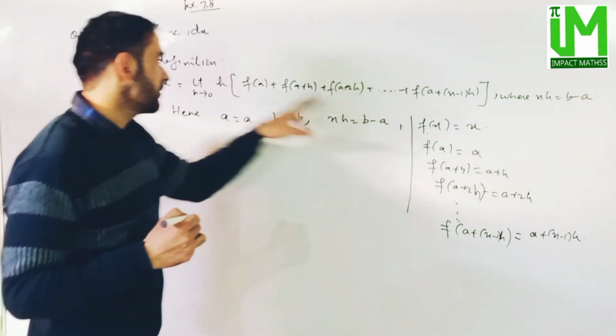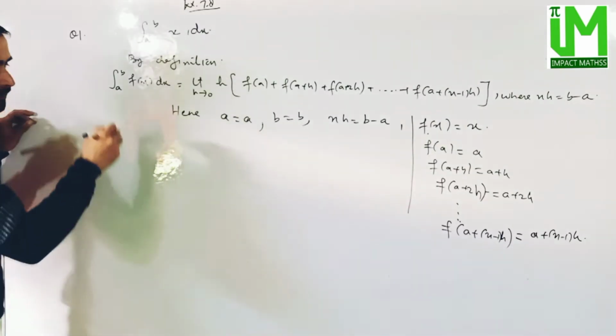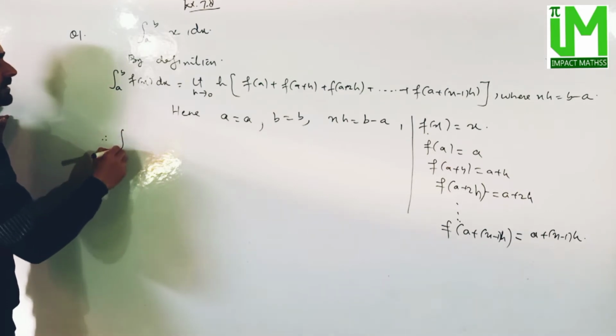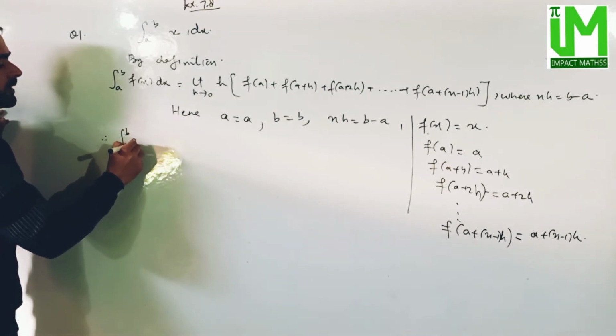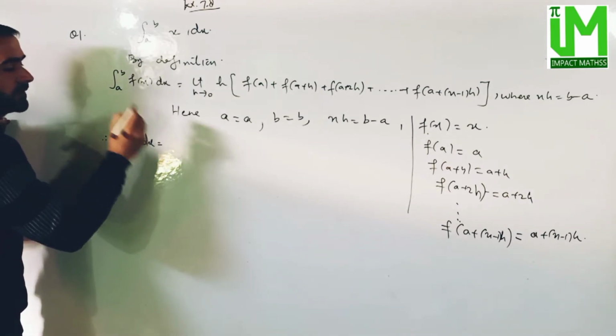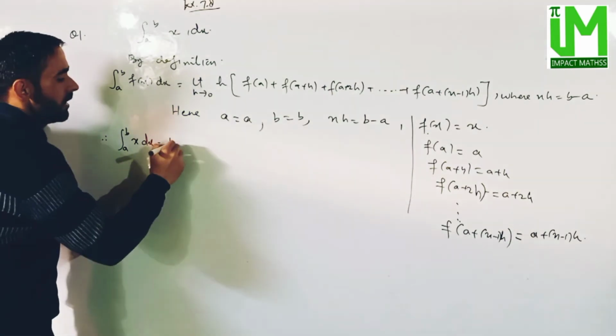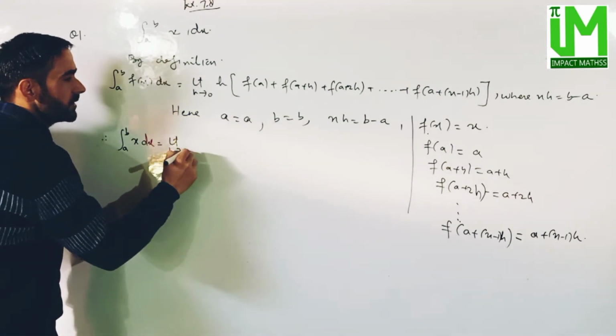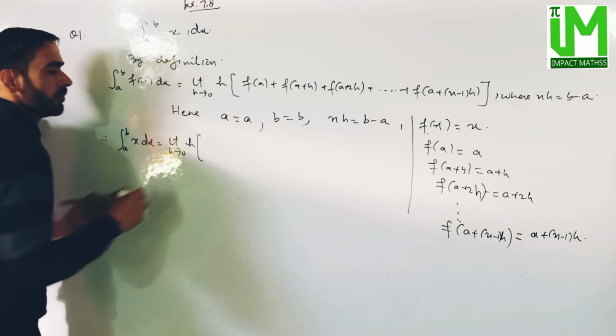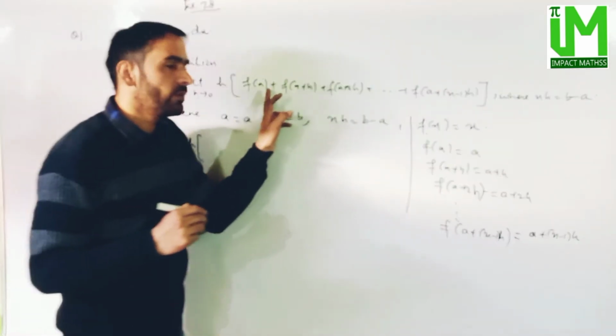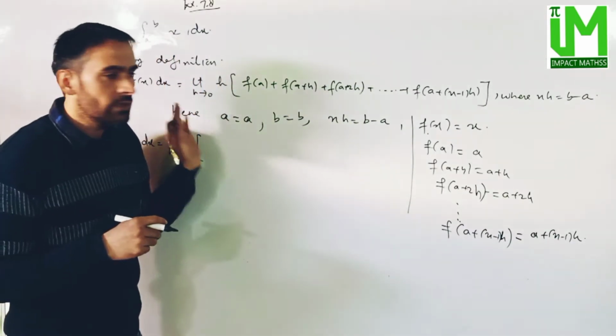So if we replace all these values, therefore we have the integral from a to b of x dx equal to limit h tends to 0 of h times the sum of these values.